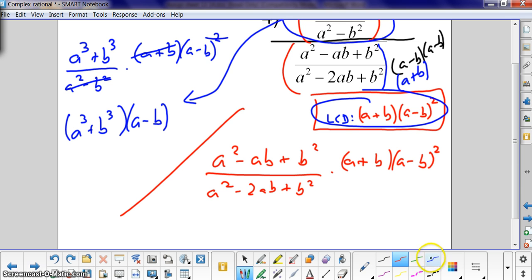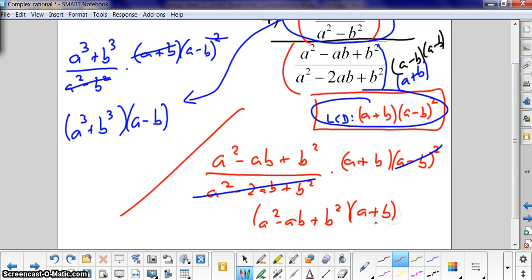Alright, so what's going to reduce here? Well, this a squared minus 2ab plus b squared is a minus b times a minus b. So the a minus b quantity squared is going to reduce out with that. And now I'm left for the denominator of my main fraction with a squared minus ab plus b squared times a plus b.